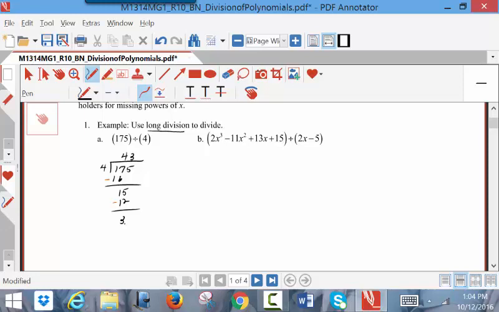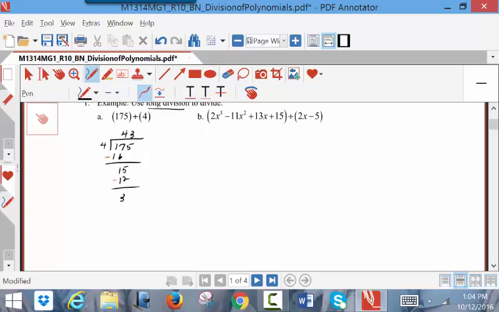You're just doing what someone tells you to do all the way through, which is crazy. But we all did it. Then we say the answer is 43 and 3/4, which is a mixed number. You memorize this process, and you get good at it, and you do it over and over again.